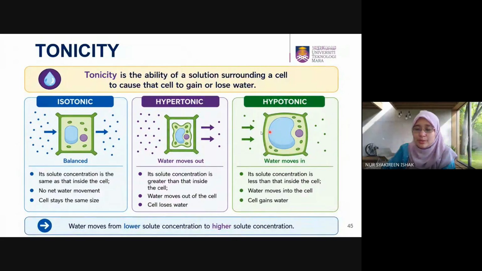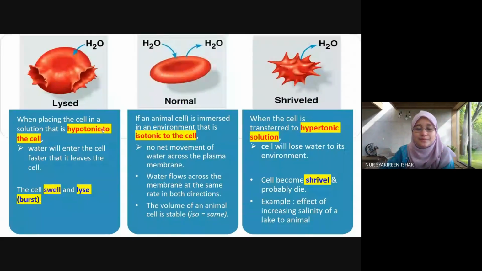Water moves into the cell by the process of osmosis. So water moves from lower solute concentration to higher solute concentration. But for isotonic, the water moves at the same rate in and out of the cell.